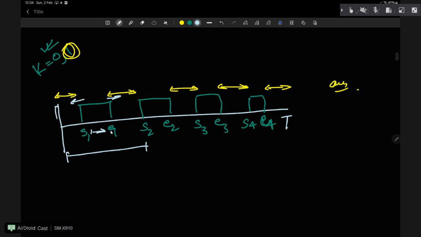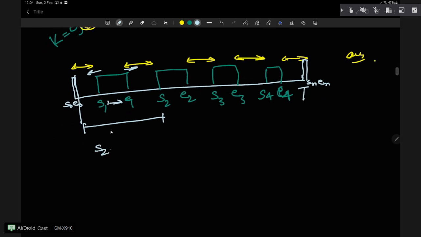Suppose there is a block here of duration 0, let's denote it E0, and a meeting S_n at the end, just to simplify the calculation. So here the answer would be S2 minus E0. The total duration is this much, and we will subtract the duration of meeting 1.